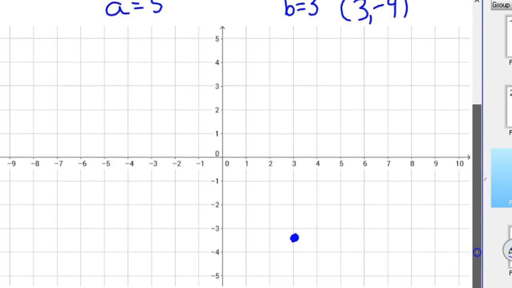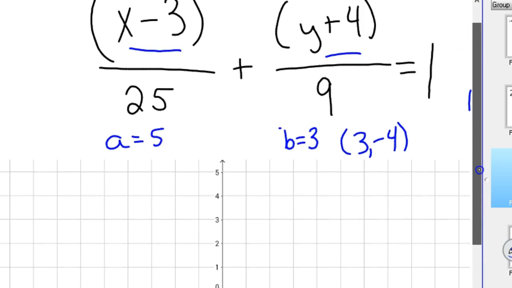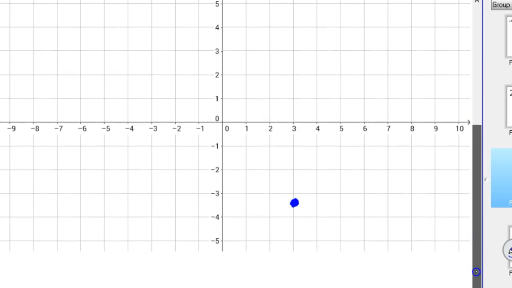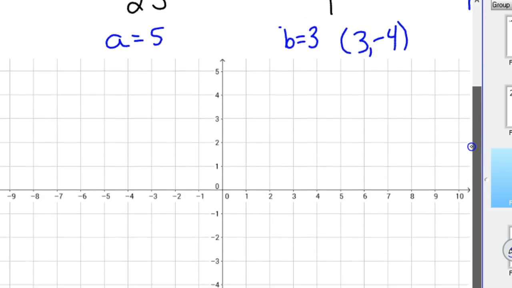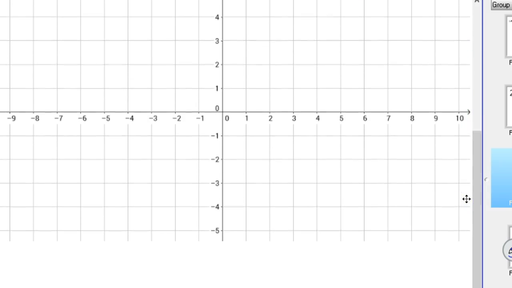Since 25 is under the x, we're going to go right and left 5. Oh, and I see my center moved when I did something funky to that. So (3, negative 4) was my center. That's right here. And then we're going to go right and left 5 for my semi-major axis. 1, 2, 3, 4, 5, right there. Left 5, 1, 2, 3, 4, 5.